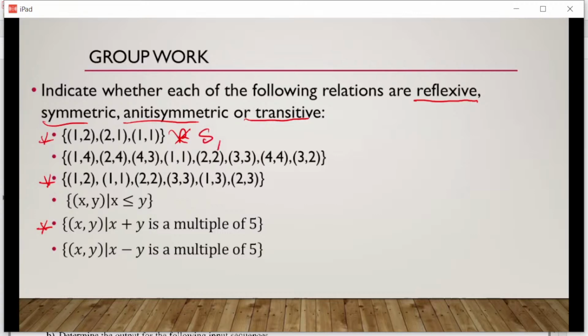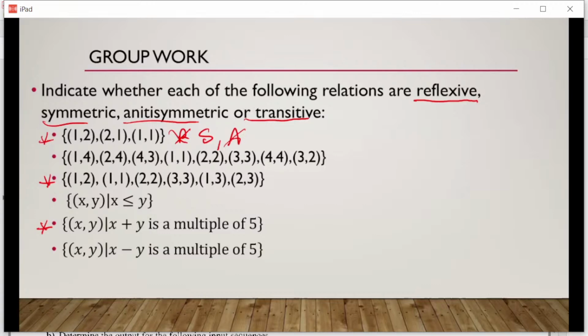Antisymmetric. This one's not weird. Antisymmetric means that if you have 1, 2, then you cannot have 2, 1. So this one is not antisymmetric. You might ask, can you have a symmetric and antisymmetric? Yes, you can, but we won't go over that right now. Maybe tomorrow or Friday, Wednesday.